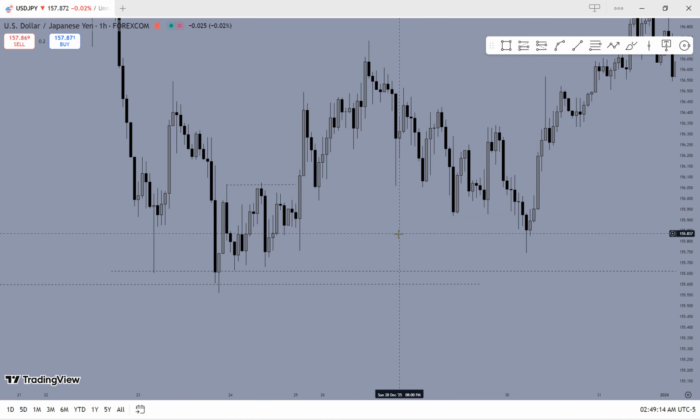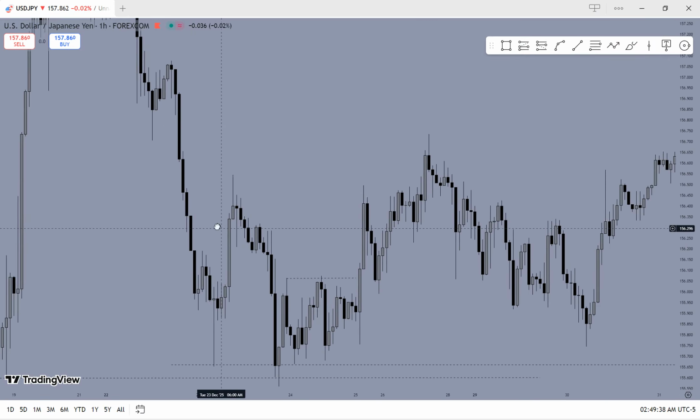If breaking A-shaped levels, V-shaped levels, and open close levels is too complex for you, you can just wait to see a clear break of structure, like a market structure shift. The market was coming to the downside, all the way from here.